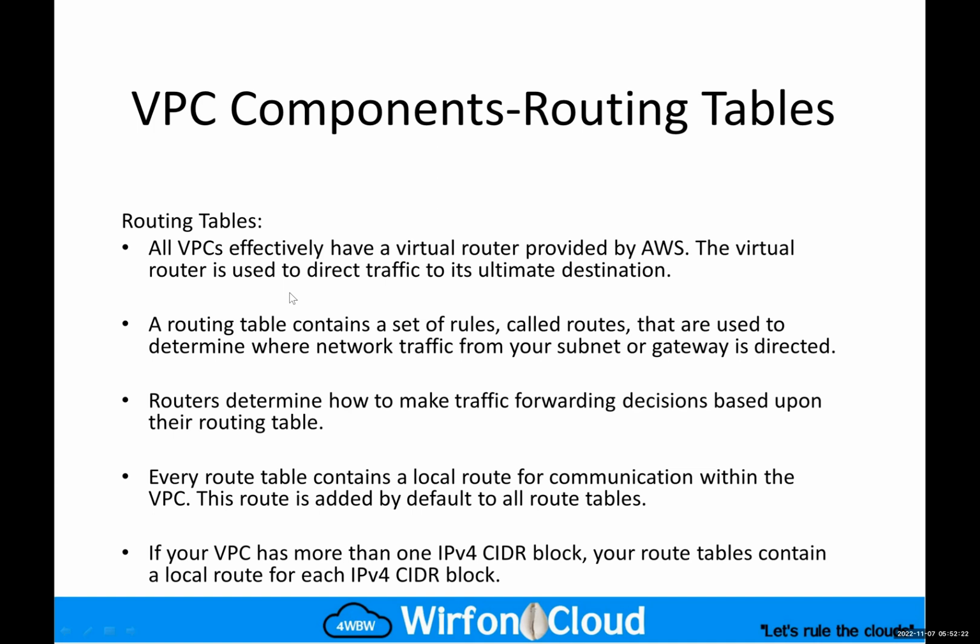This virtual router directs your traffic to its ultimate destination. The routing table contains what are called rules, and the router uses the destination in these rules to read what the destination for a particular traffic is, and then it forwards traffic based on what is in the routing table.